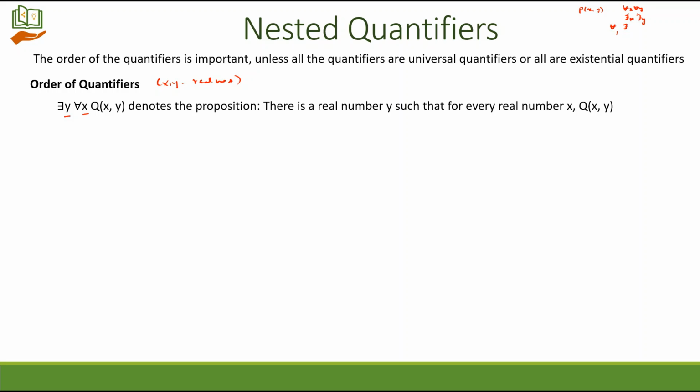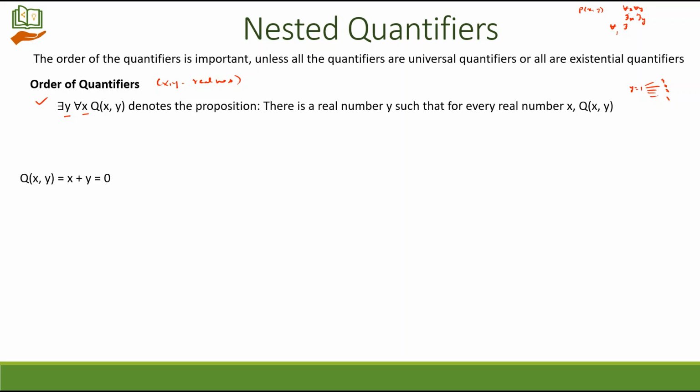What does this say? It says a particular value of y should be selected and the same y value should be applied to all the values of x. Say for example, if I have y equal to 1, it should be applied to all values of x here. This is the meaning of this particular order of quantifiers.